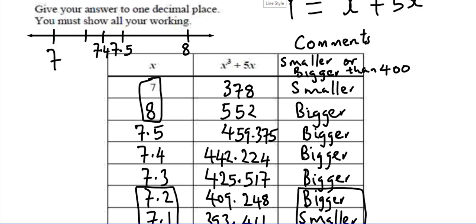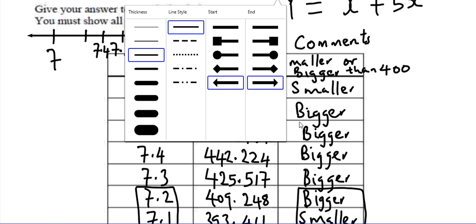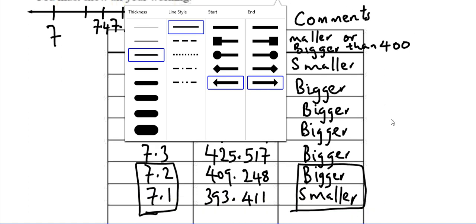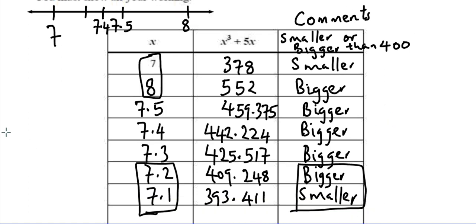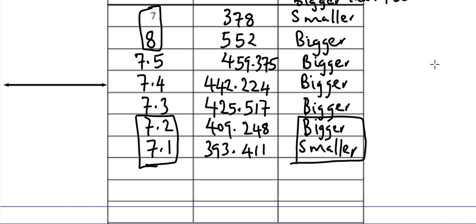Put your number line over here. Then try the numbers which are between 7.1 and 7.2. Here you try 7.15, the number which is exactly half.